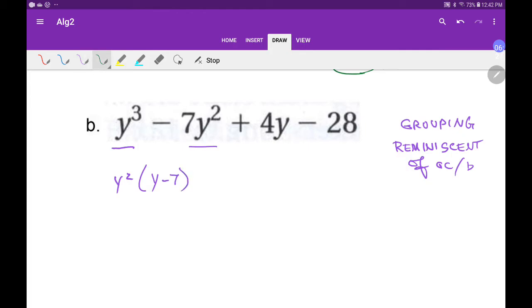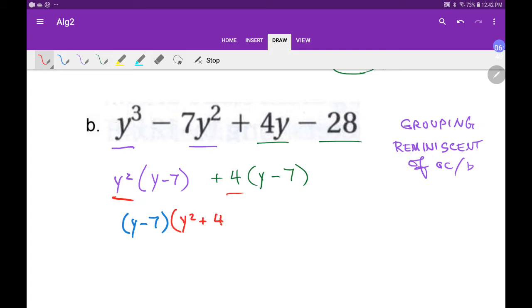And then I notice, hey, you know what? There's a 4 in both of those, so I'm going to say plus 4. And I factor out the 4, and I get, oh, look at that. It's the same thing. I get y minus 7. And then what's my leftovers? My leftovers are y squared and 4, so I get y squared plus 4.